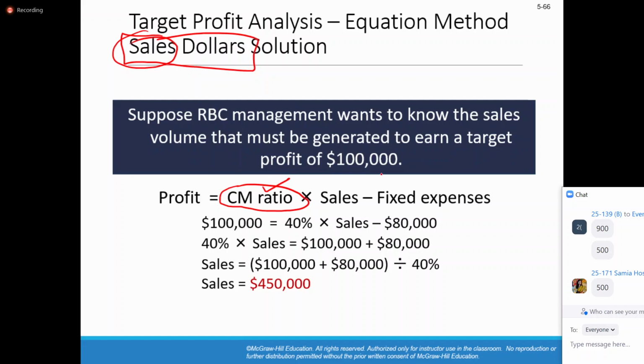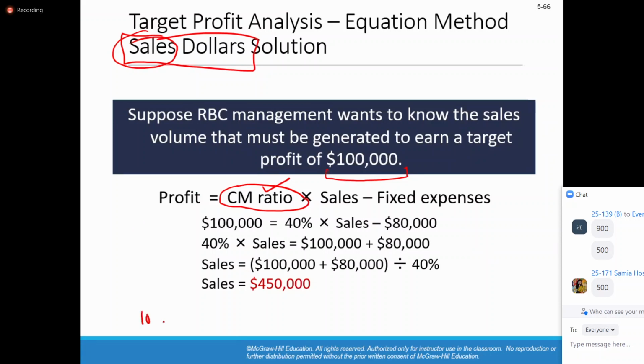So you see that our target profit is now 100,000, and we use this equation as in the previous class, just for the purpose of the target profit. In a break-even analysis, our target profit was 0, but here we are not in a break-even case. We are in a positive case. So we would like to know how to achieve 100,000 profit.